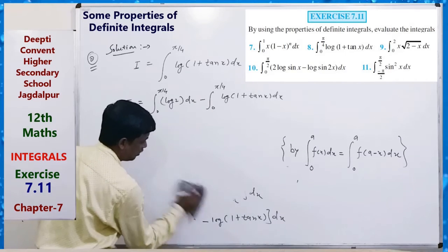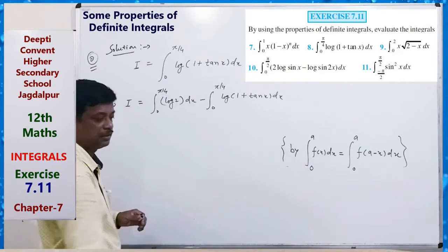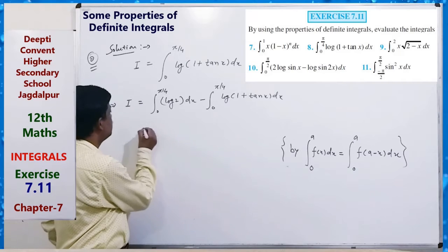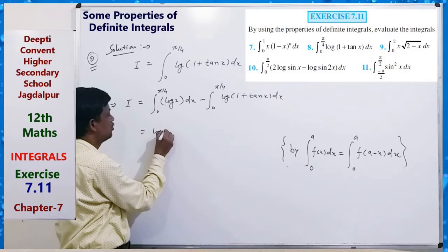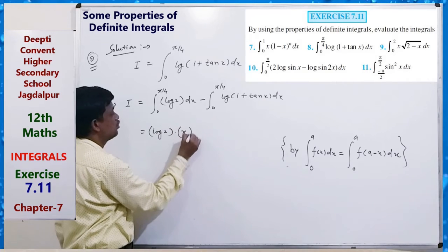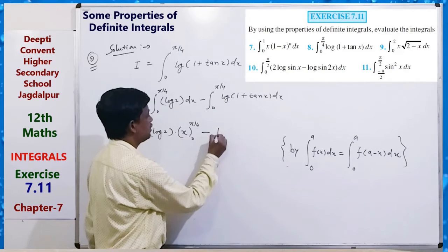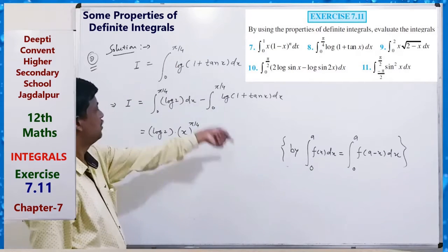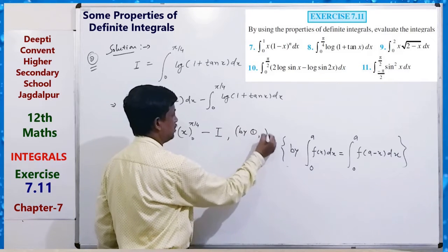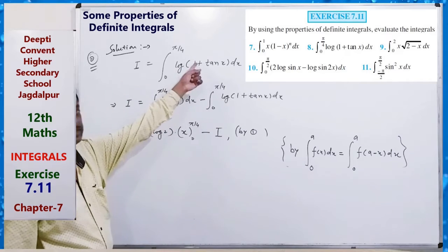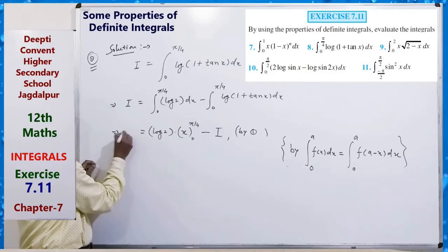Now our target is finding the value of the given integral, that is I. Here log 2 is a constant, so we get log 2 times x from 0 to pi by 4, minus the integral, which is the same as the original I. So we can transfer this I to the left-hand side.